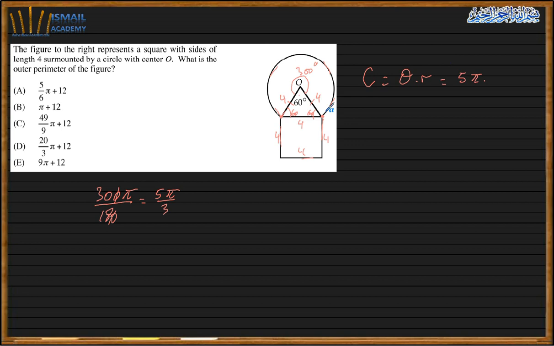So this is the circumference, which is 20 over 3. 4 plus 4 plus 4 is the sum of the sides. I don't count those, they ask for the outer. This is an inner.